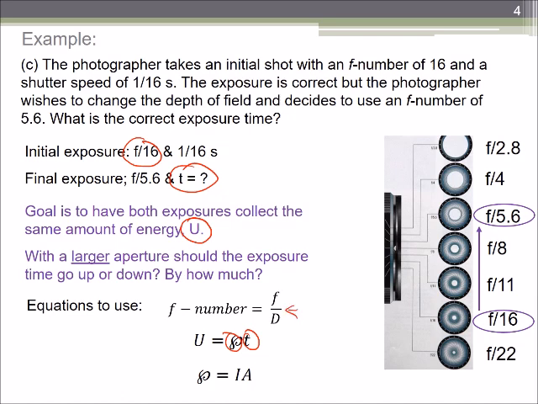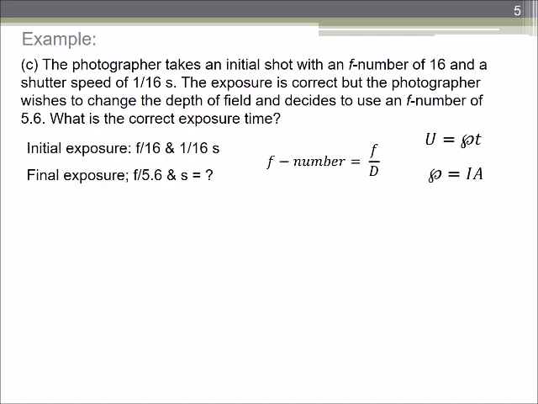These are the three equations we're going to combine to come up with a relationship between time and F number. The first step is to look at how the f number is related to the diameter. Presumably we're using the same focal length lens, so I'm going to use a series of relationships to figure out my ultimate relationship.